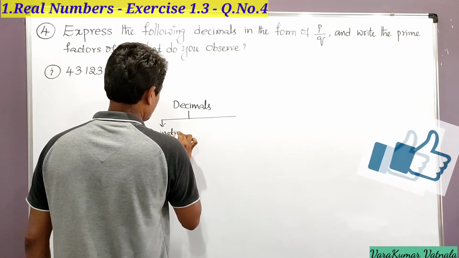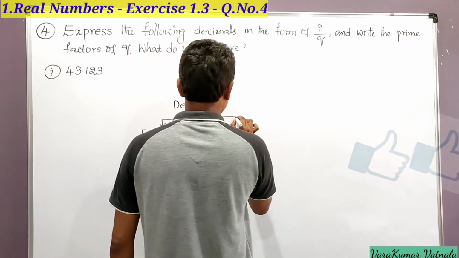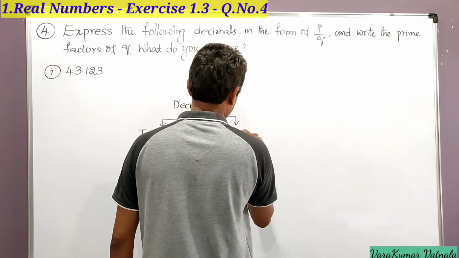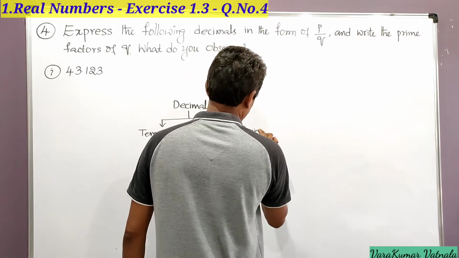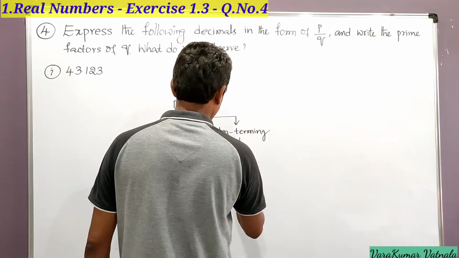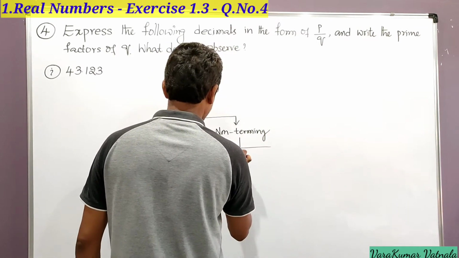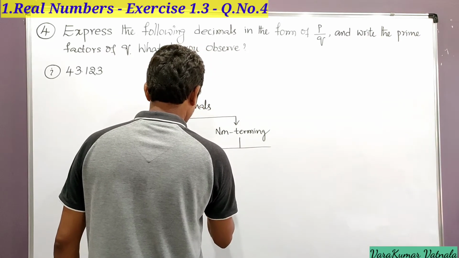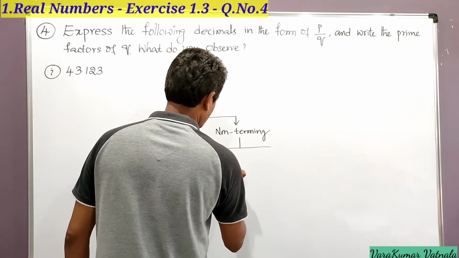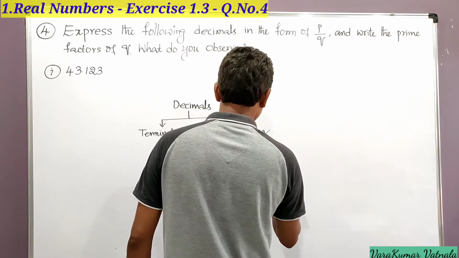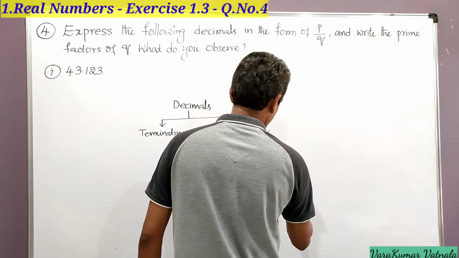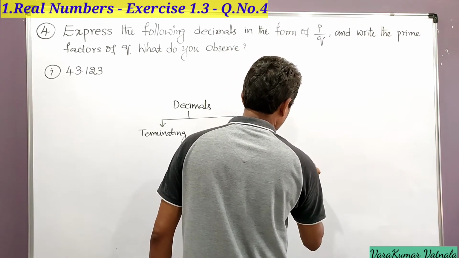In the non-terminating, again we have repeating and non-repeating. So non-terminating repeating and non-terminating non-repeating. So we have these types of decimals.